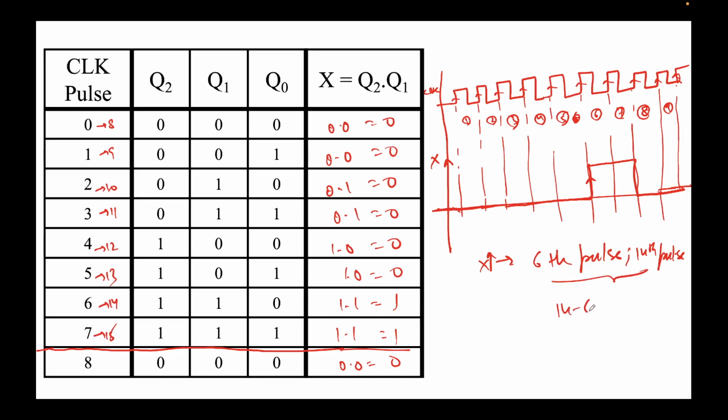So 14 minus 6 is nothing but 8 pulses. I'm just interested in when the positive edge comes. So the positive edge comes at the 6th pulse and at the 14th pulse, right? So this means the period of x is 14 minus 6, 8 clock pulses.